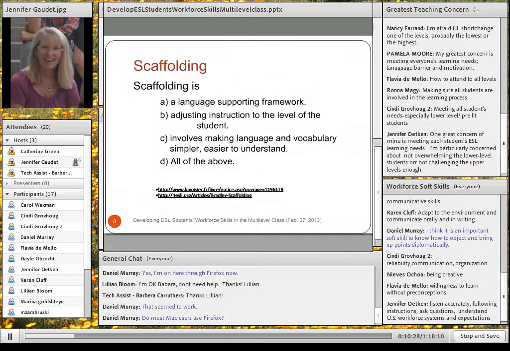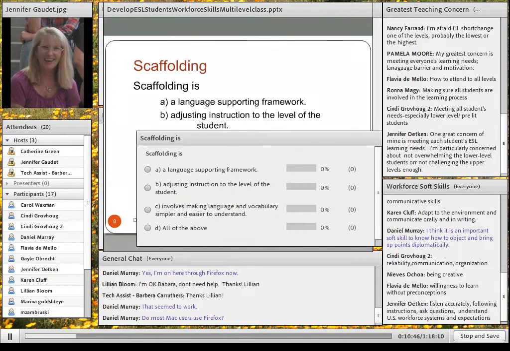All right, here is another poll I'm going to ask you to participate in. Please look at this and select the answer that tells what scaffolding is. And I'll bring up that poll for you. Let me move it down so you can see.